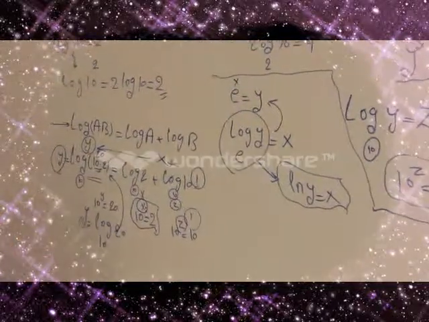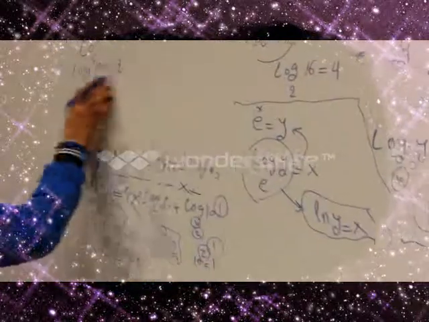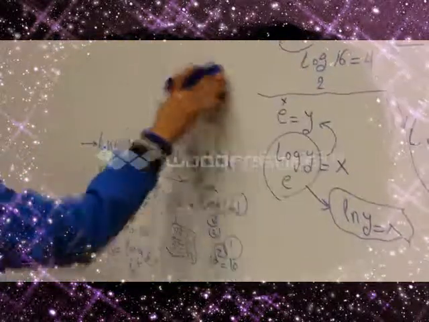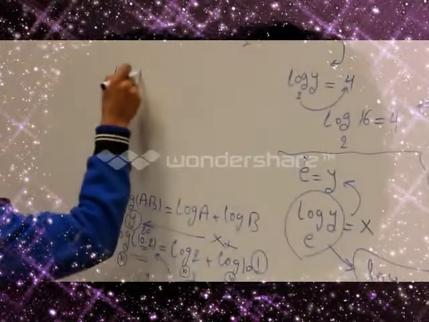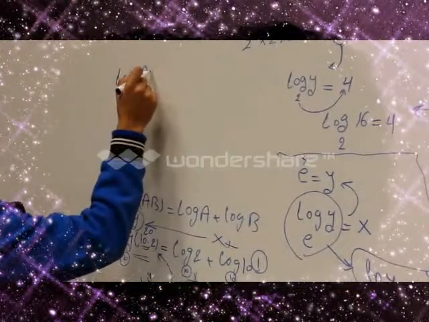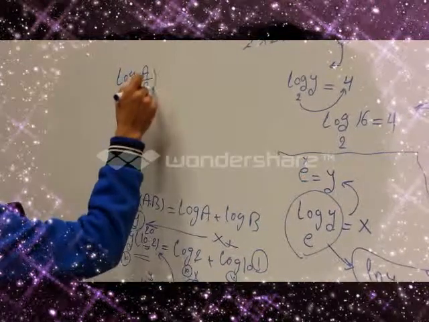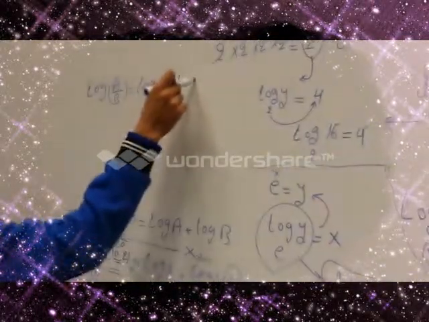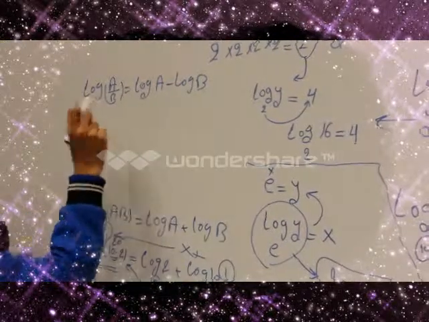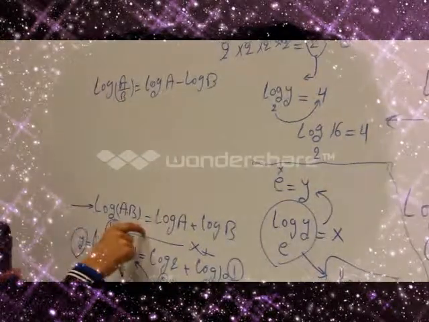This is a technique, and also there's something for the division. If I say log a over b, this equals log a minus log b. Yes. How? This is actually the same way.